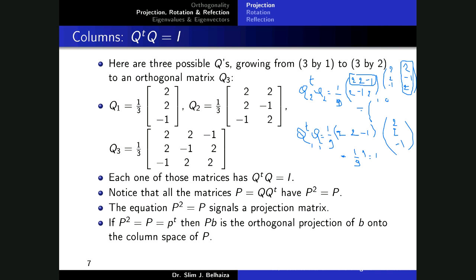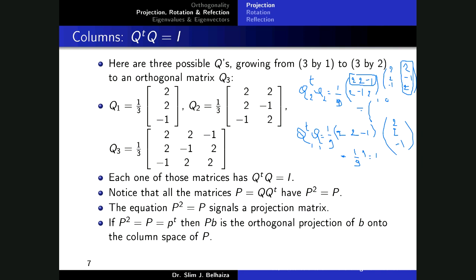The columns are orthogonal, right? Yes. The columns in Q2 are orthogonal. You can check that these two columns are orthogonal. They're not only independent, but they do form an orthogonal basis.